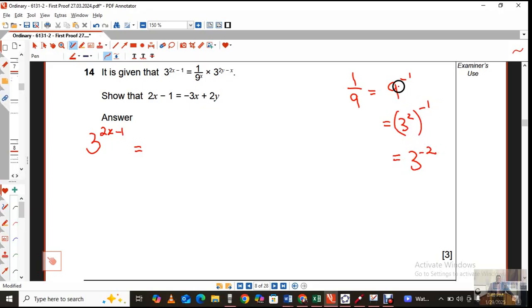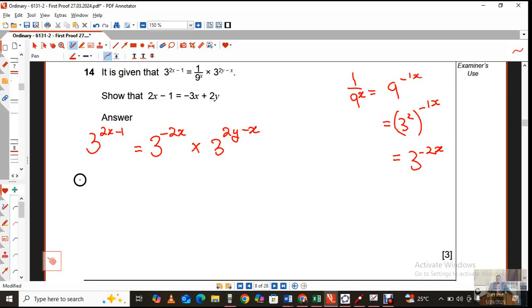Okay, but it also contains an x. There's an x over there. So eventually, this one here can be written as 3 raised to the power of negative 2x. Then that should be multiplied by 3 raised to the power of 2y minus x.